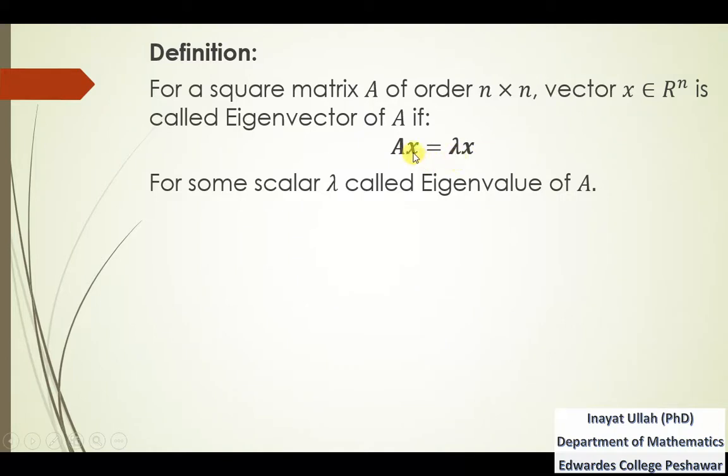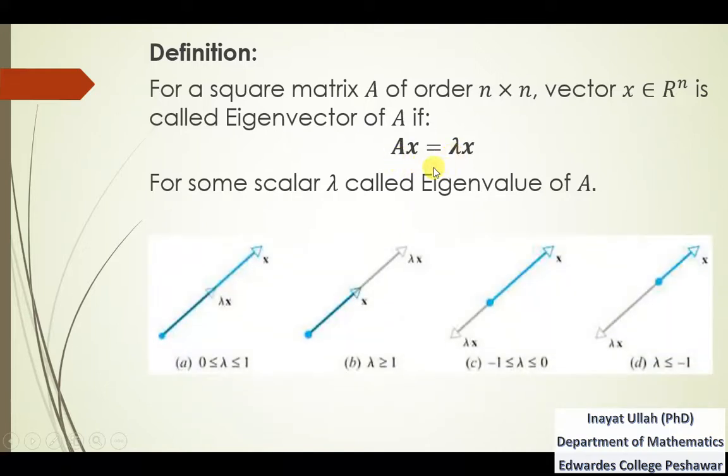Then we say that this x is the eigenvector of this matrix A, and this lambda, which is a scalar number, is called the eigenvalue of A. X is the eigenvector of A, and lambda is the eigenvalue of A.